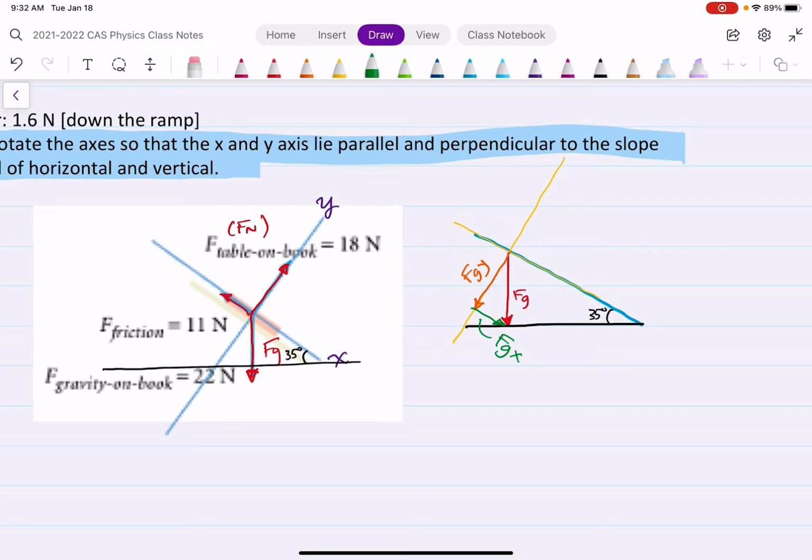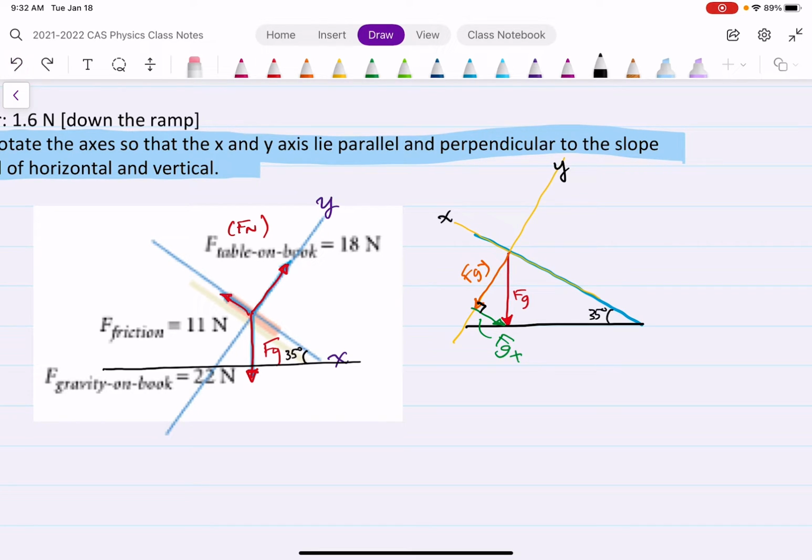So I've created components, and sometimes it's a little tricky, but what I want you to notice here is I've made a right angled triangle with one component parallel to the y-axis and one component parallel to the x-axis. Okay, so FGY is along the y and FGX is along the x. The question then becomes, what is this angle?